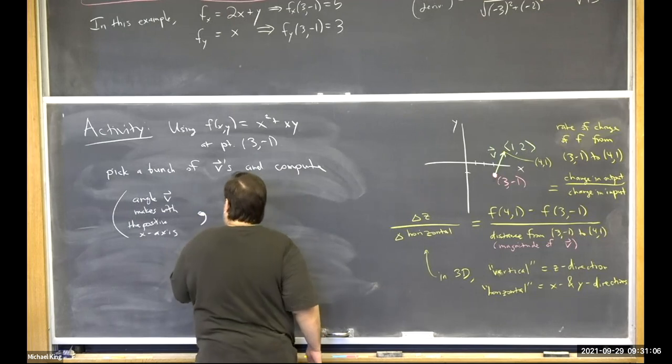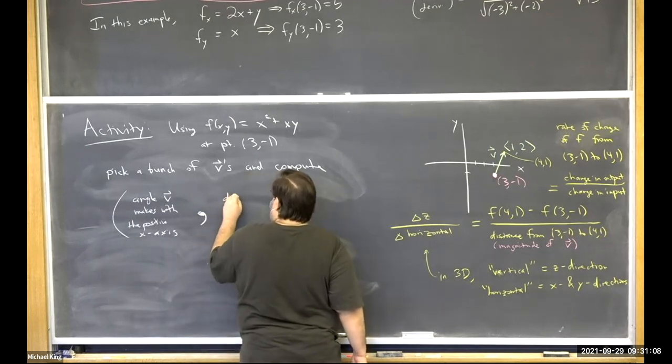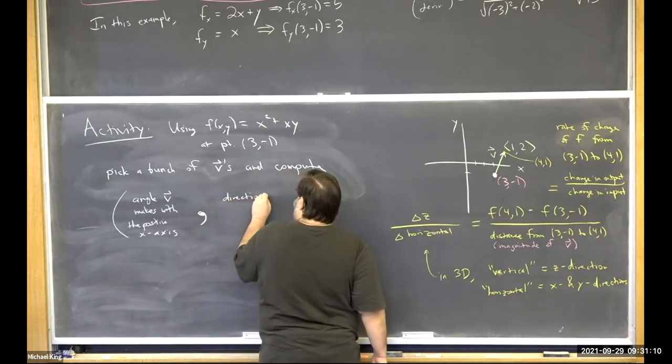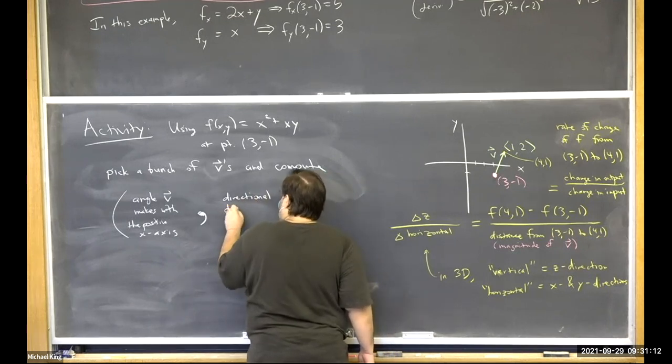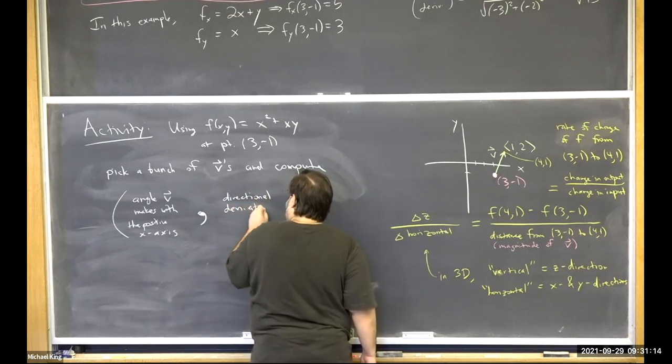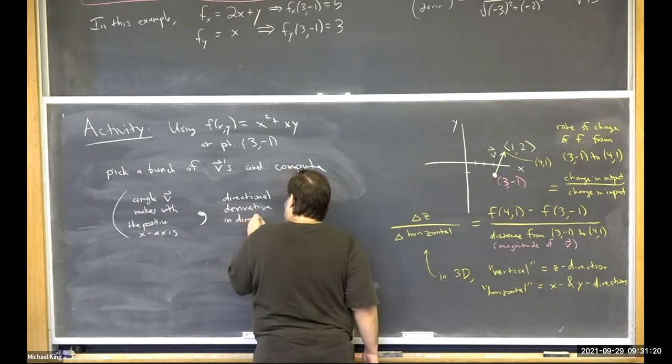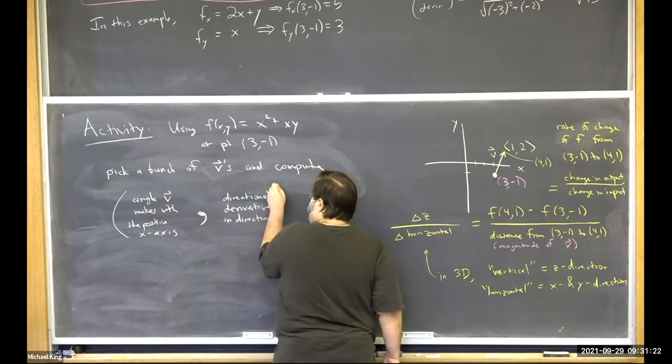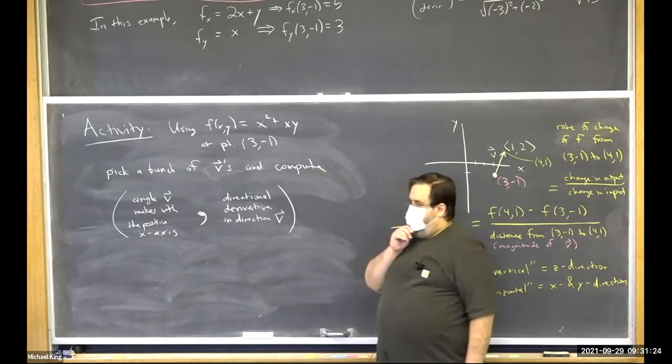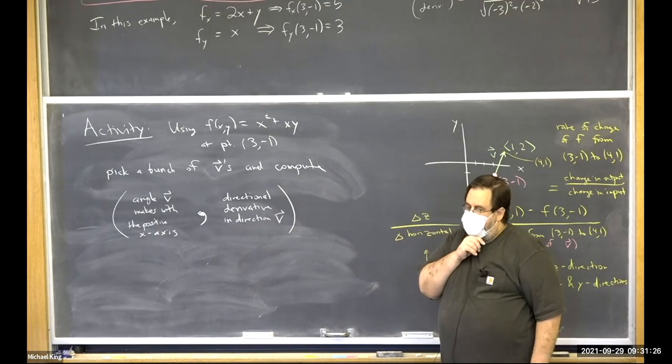Comma, the directional derivative in the direction v. So those are the two numbers I want you to know. I want you to give me those pairs.